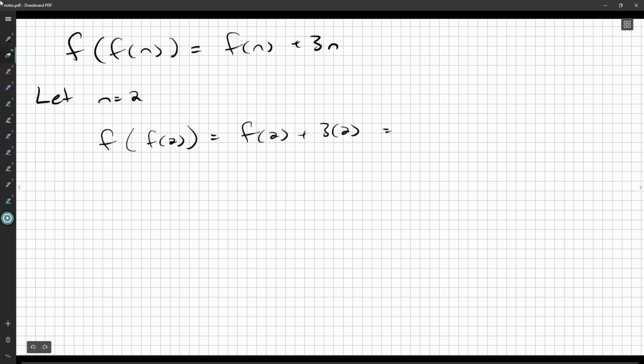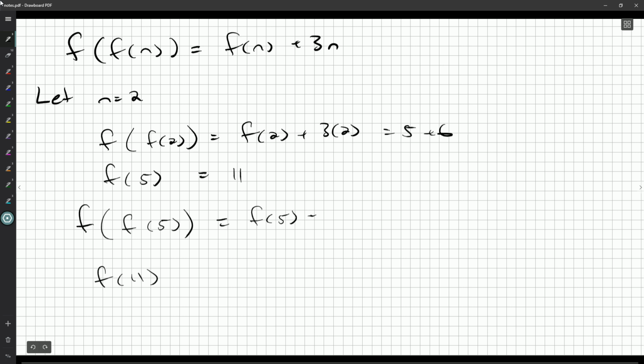Okay, and so now we see that we've got f of 5, and you'll notice this number is getting bigger. It's 5 plus 6. It's 11. Okay, so now I could take 5 and plug it in. So that's really going to be f of 11, and that'll be f of 5 plus 3 times 5.